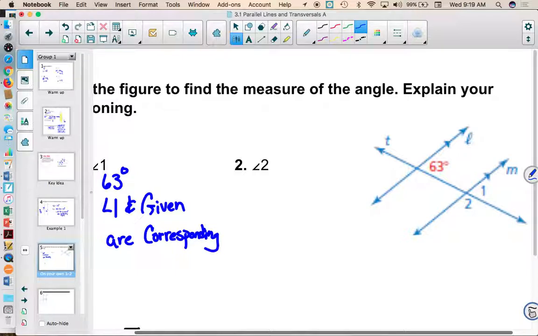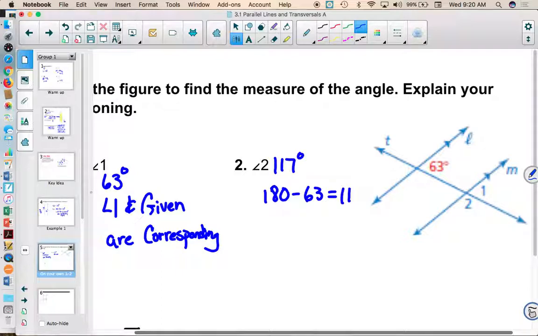Okay? What is the measure of angle 2? I want somebody that's not been asked answering. Molly, what's the measure of angle 2? 117 degrees. How do you know that? Because 180 minus 63 is 117.